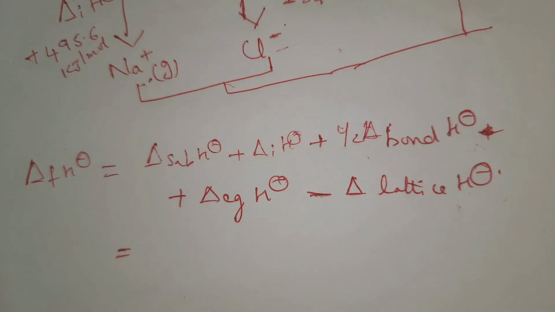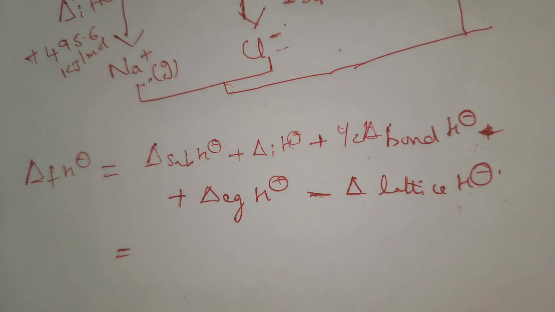Enthalpy of formation is equal to enthalpy of sublimation plus enthalpy of ionization plus half bond dissociation enthalpy plus electron gain enthalpy minus delta lattice enthalpy, because lattice enthalpy is for dissociation. So for the formation you need to subtract that value.